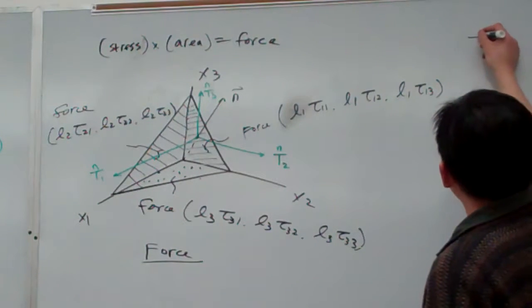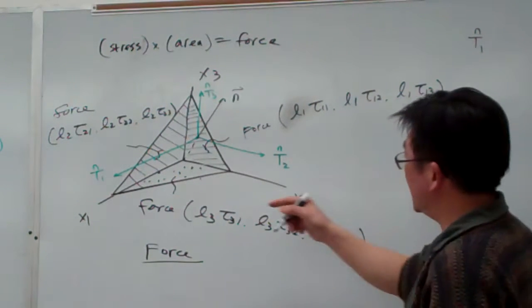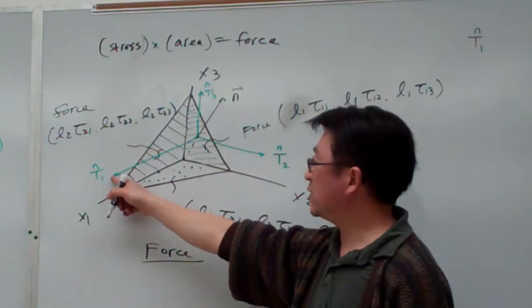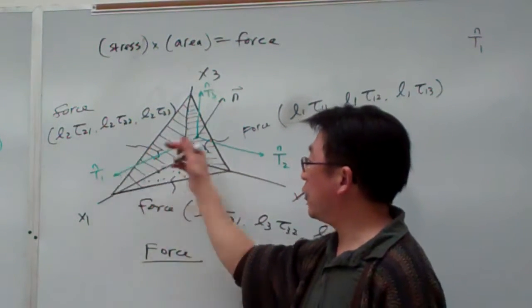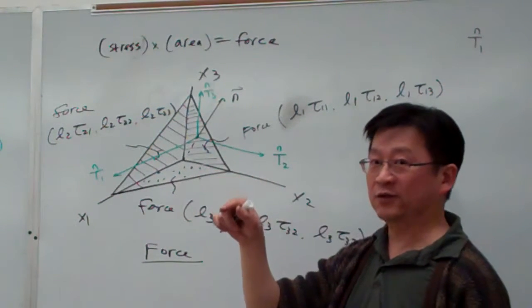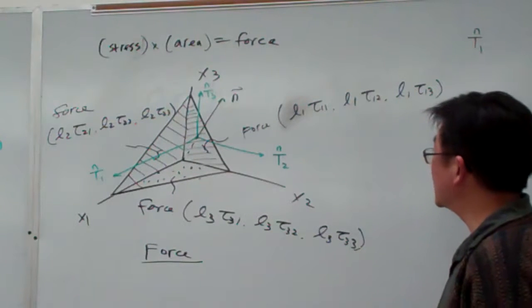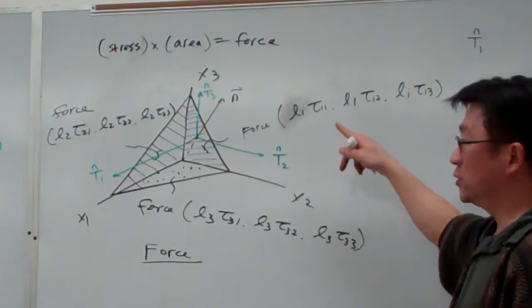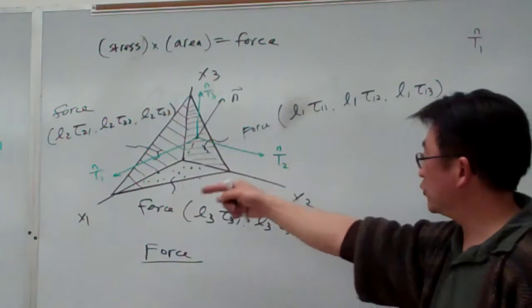So now we formulate the equilibrium equations. So Tn1, this is a force in the x1 direction, must be in balance with all the forces among the 9 components that are pointing in the 1 direction.